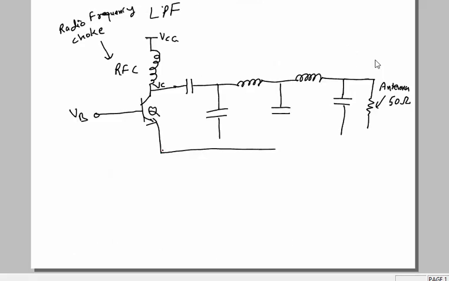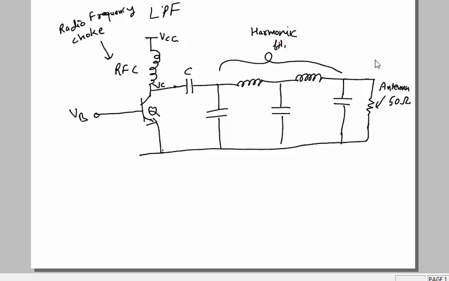Then these are all connected. So this is the schematic diagram. Here this is the harmonic filter, and this C and this R represent the low pass filter.